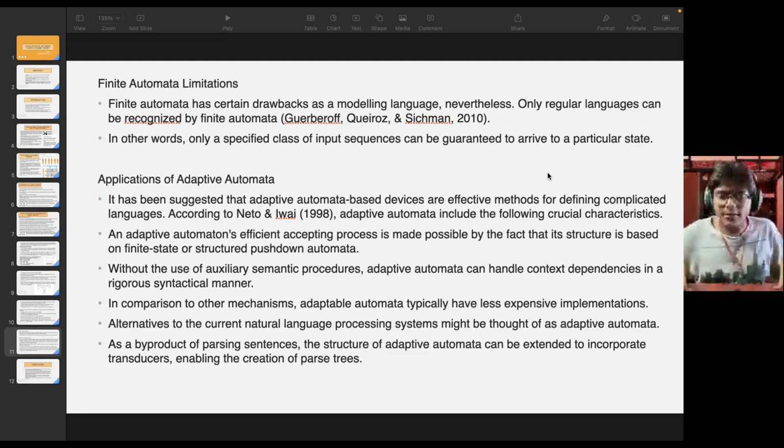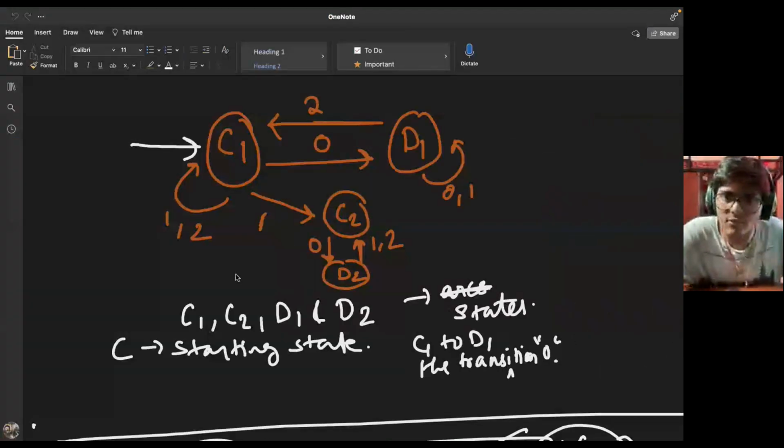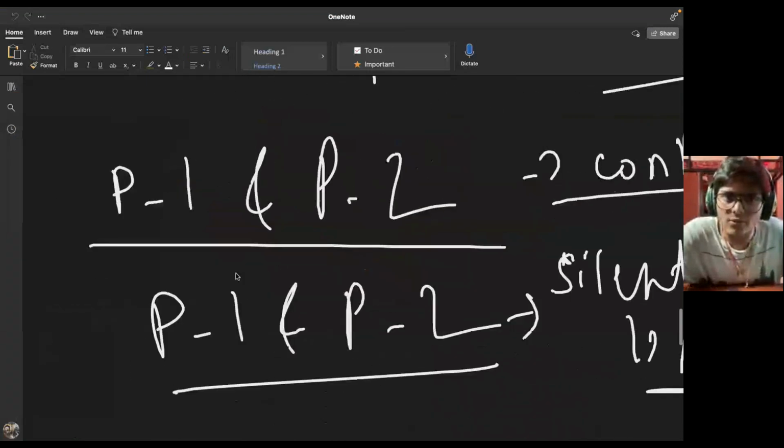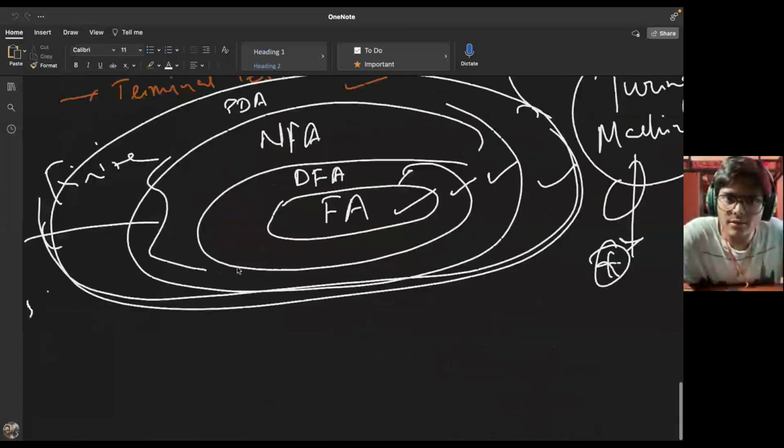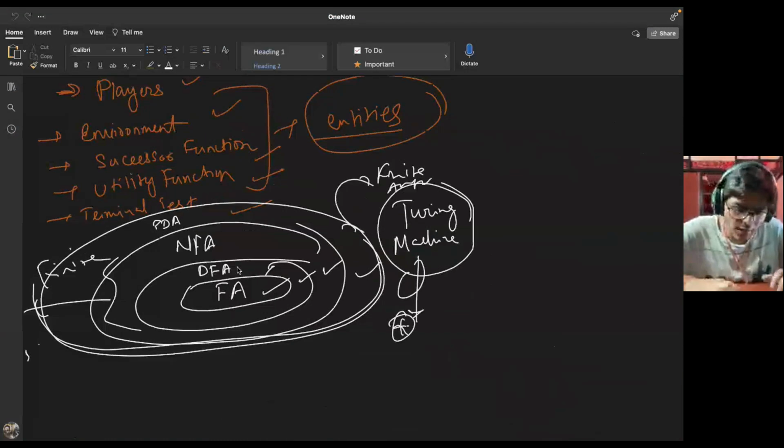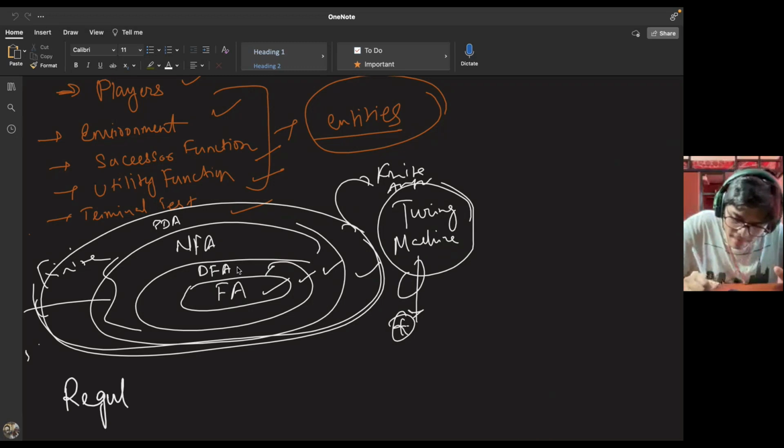So there are many languages, right? So I'll just note them down so that you won't get confused. We have regular languages, which are recognized only by finite automata, right?